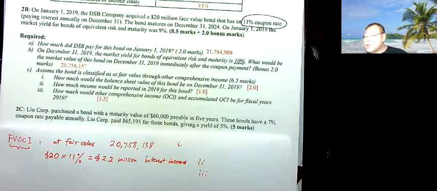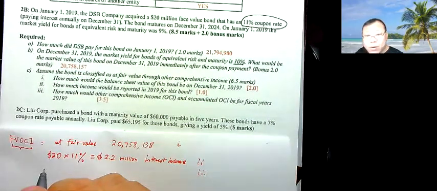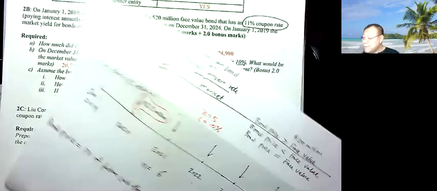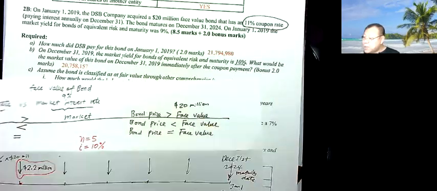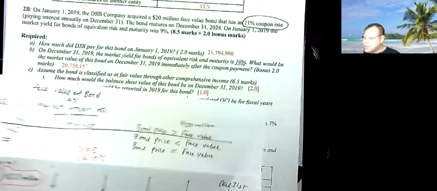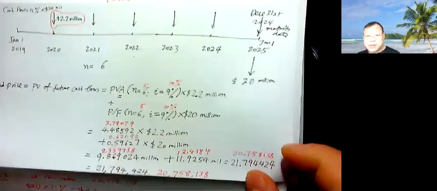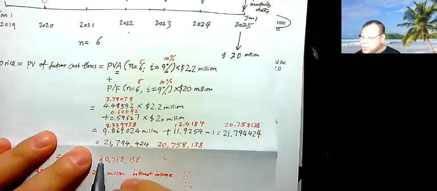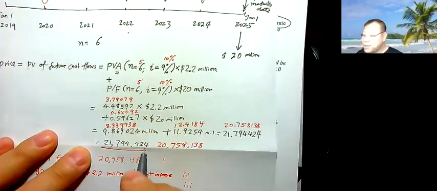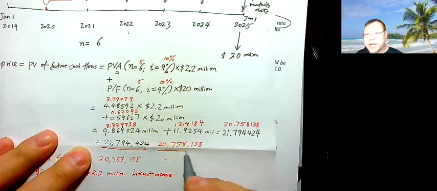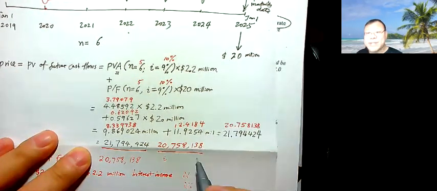So how much did you pay in the beginning, at the beginning of the year? And now the value has changed to this. So the difference goes to the OCI.